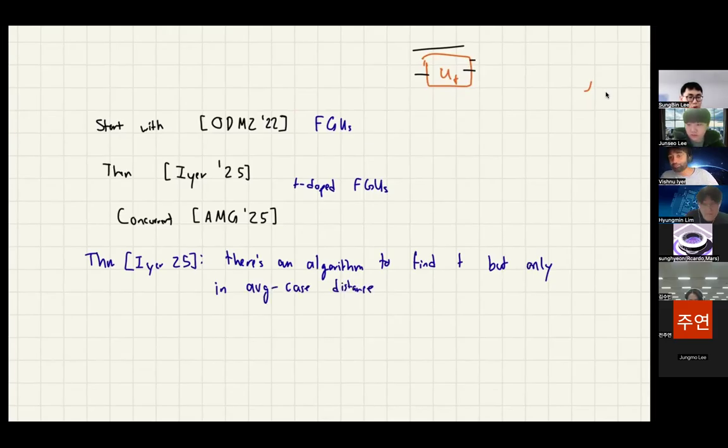So if something is close to a unitary that has a small t on average, on most states it behaves like this, you can detect that.